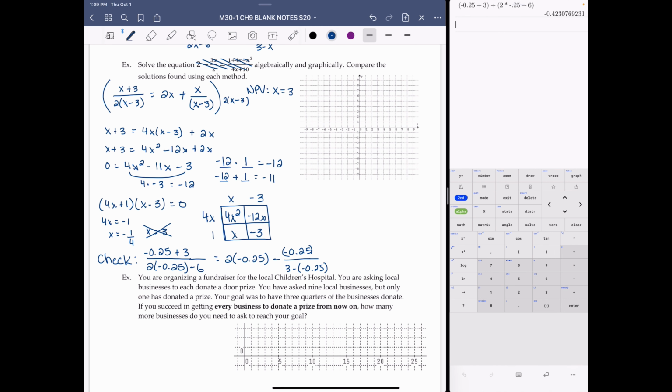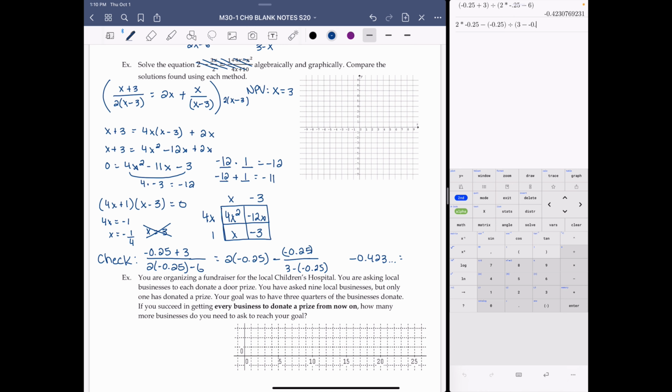That gives me negative 0.423 and so on. And the right side, 2 times negative 0.25 minus negative 0.25, divided by 3 minus negative 0.25, and we get negative 0.423 and so on.